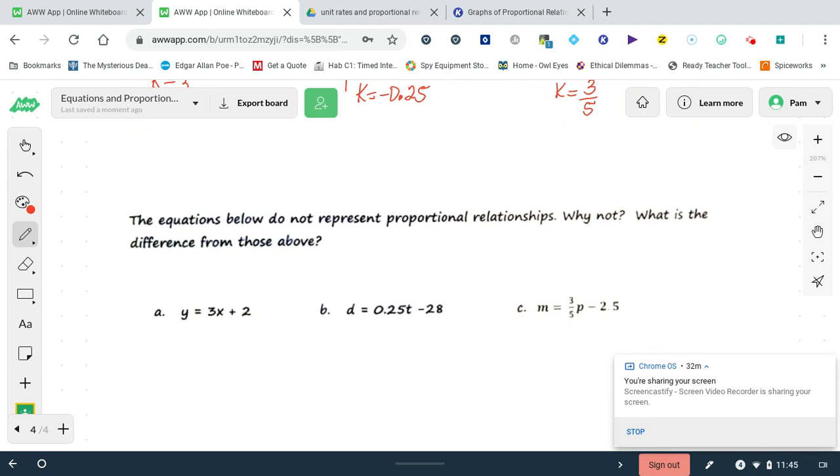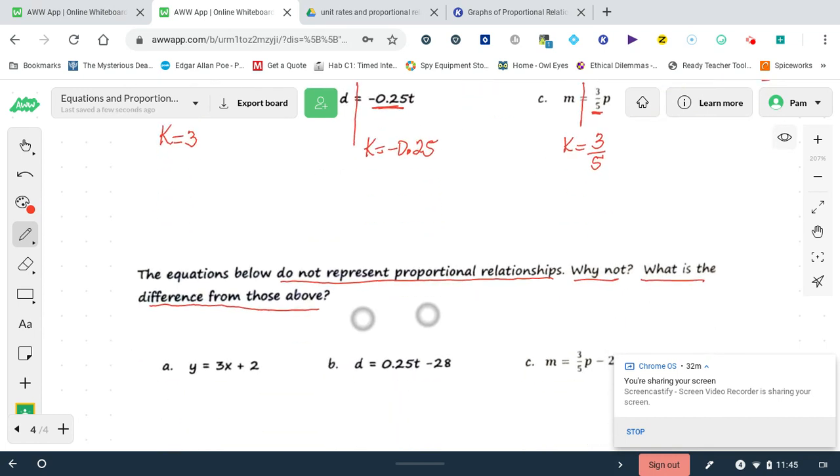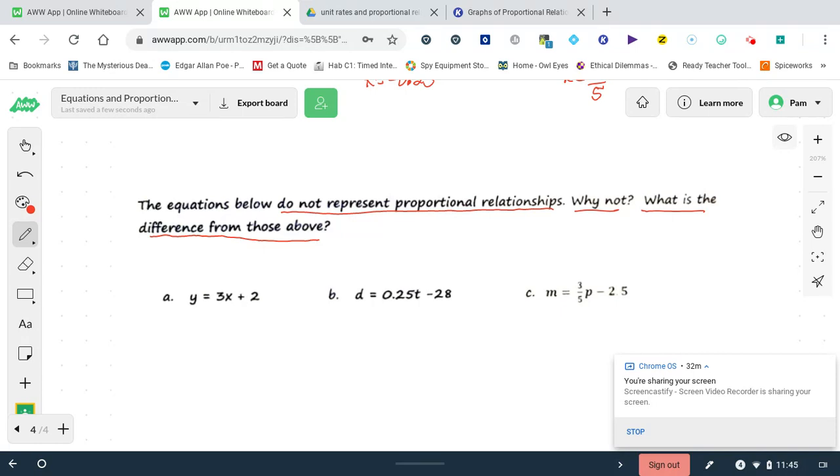All right, this says the equations below do not represent proportional relationships. I want to know why not. You can tell me what is different. What is the difference from those that are above? Remember, those that were above were in the form y equals kx. So what's different with these? Basically, they're not proportional.